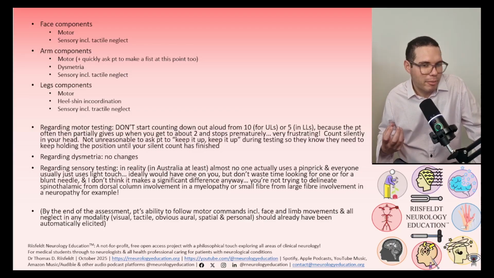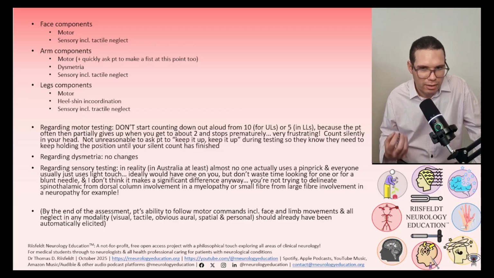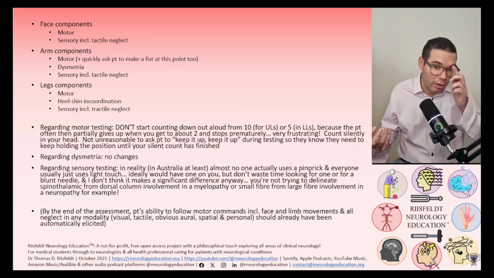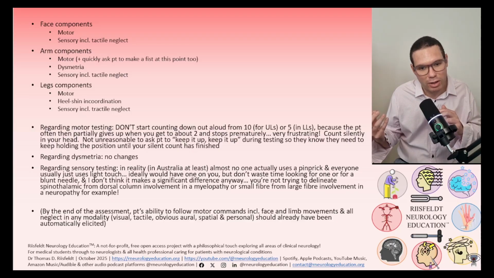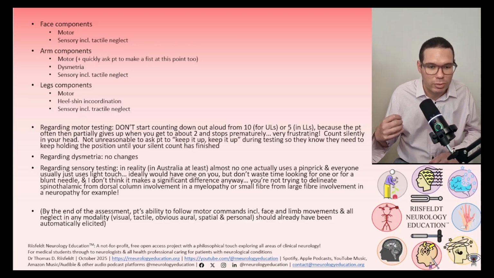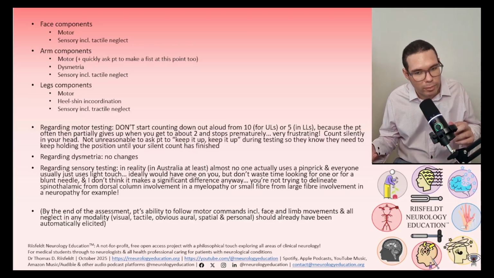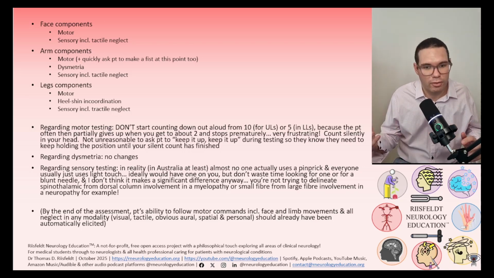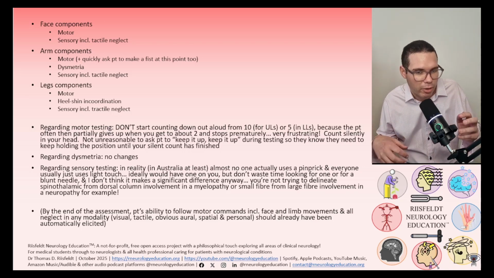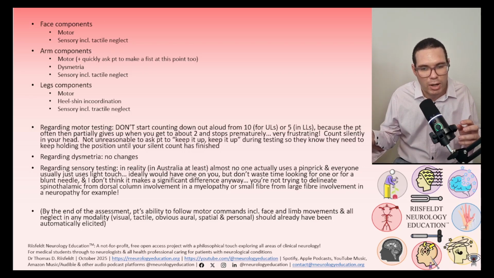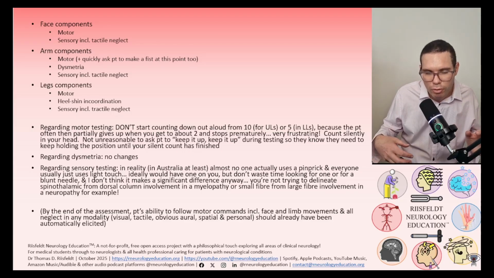And I don't think it makes a really big or a significant difference because, let's be honest, we're not trying to delineate someone who's got spinothalamic tract involvement from someone who's got dorsal column involvement. We're not trying to perform an assessment on someone with a sneaky myelopathy versus a small fiber or a large fiber peripheral neuropathy.